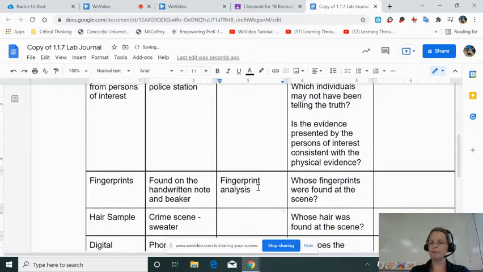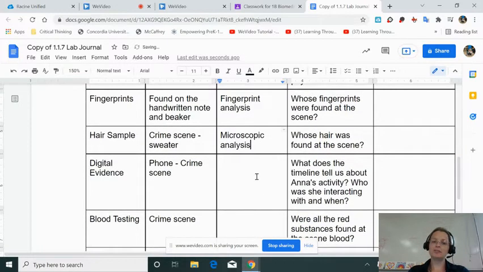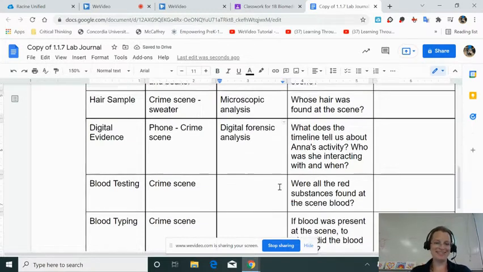The hair sample, we looked at through a microscope, and the fancy way of saying that is microscopic analysis. The digital evidence, we did a digital forensic analysis. Basically means we snooped through her phone.